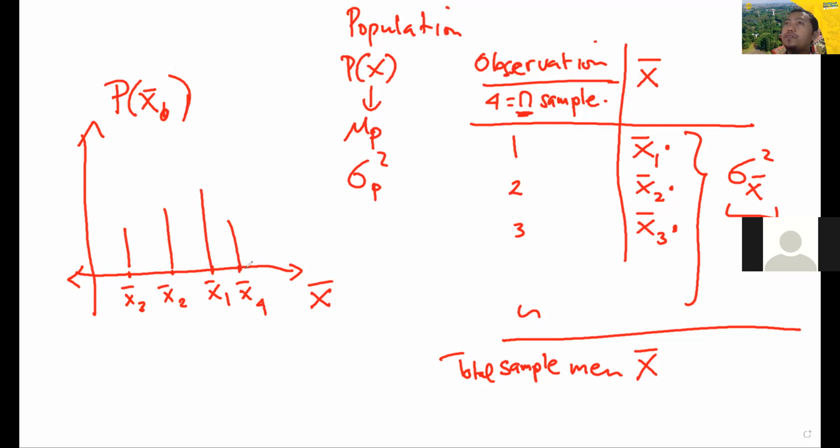From this point, we can quantify how close.